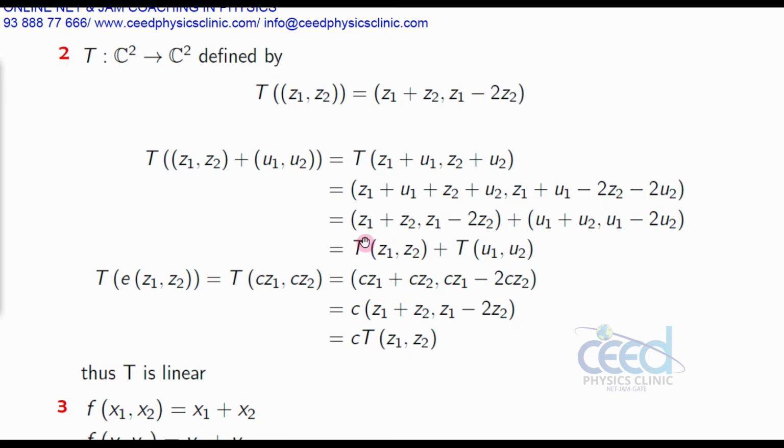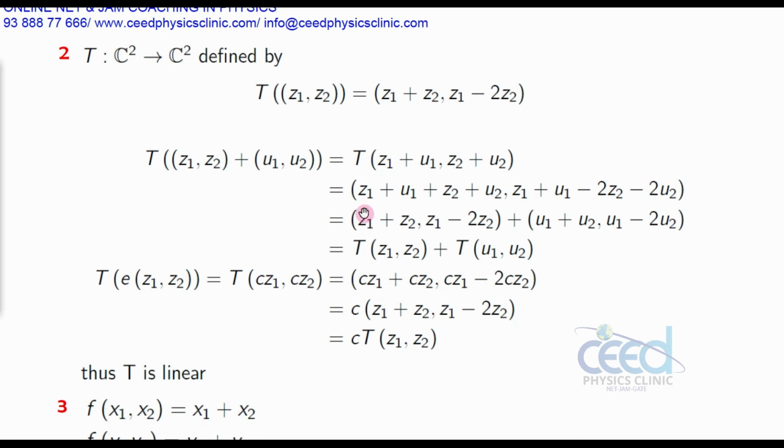Now the first coordinate is z1 plus z2 and the second coordinate is z1 minus 2z2. Plus the other coordinates: u1 plus u2 here, and u1 minus 2u2 here.